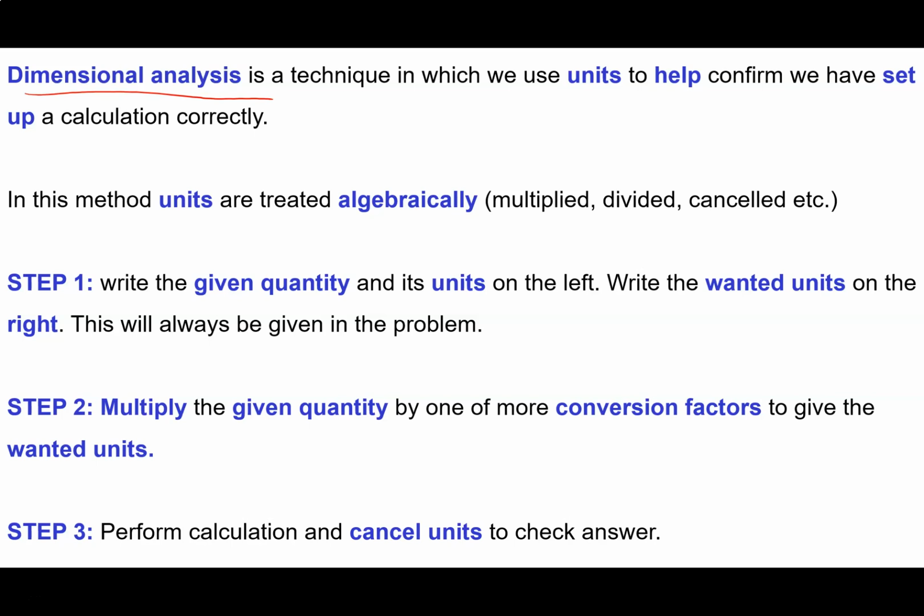And then before you enter numbers into your calculator, you'll cancel out all the units that you can and make a note that you are left with the units that you want in your answer. And at that point, you do the math and you work out your significant figures. So it sounds complicated, but it's pretty easy once you get in the groove of doing it.